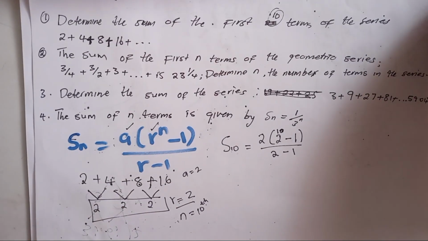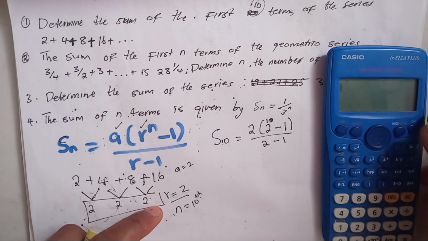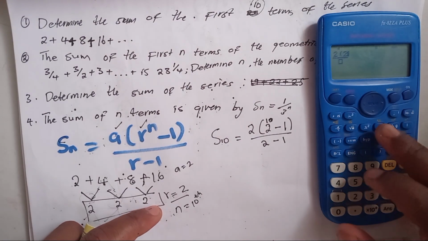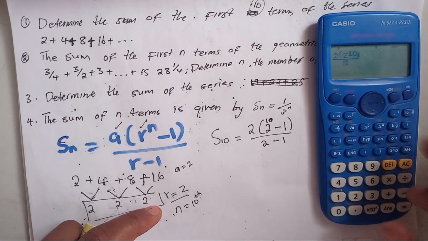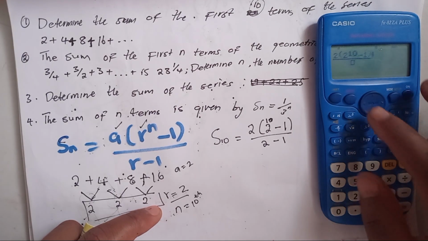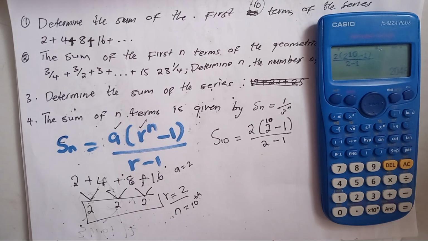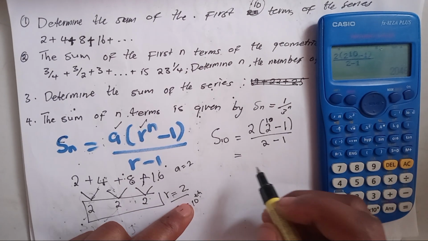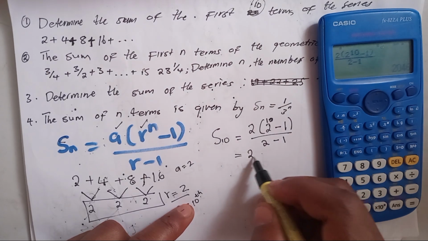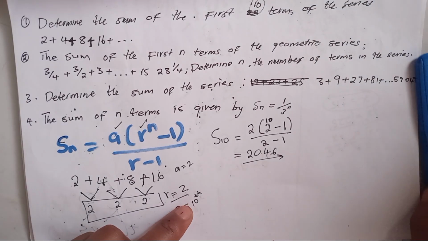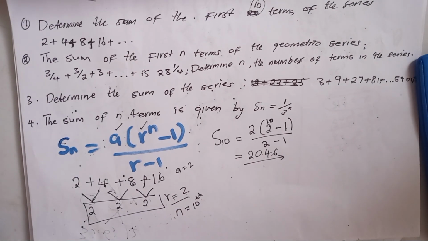Then you use your calculator. So let's use our calculator and work it out: 2 into 2 exponent 10 minus 1 divided by 2 minus 1. So it means that the sum of the first 10 terms of this sequence is 2046. So this one will be our answer.